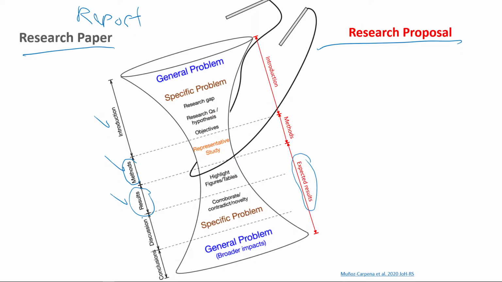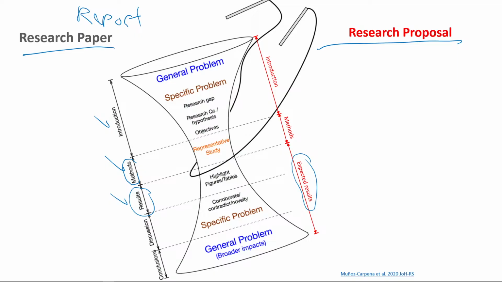Then after the results, you discuss your results. You could say, okay, how my findings correlate to what we already know about this topic, or how they contradict what we already know about this topic, or how they extend what we already know about this topic.